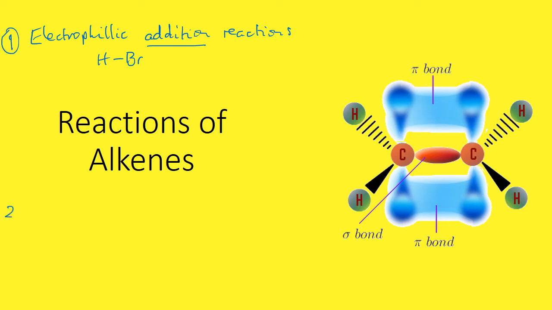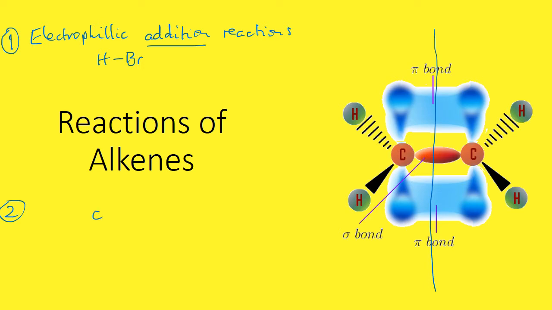The second thing is that we're going to have a look at asymmetrical alkenes. If you look at this alkene on the right hand side here, you could draw a mirror line down the middle and it would be symmetrical. What's on the left is the same as what's on the right, but that's not true of most alkenes. In fact, let's draw an asymmetrical alkene.